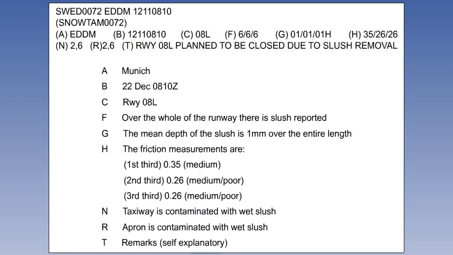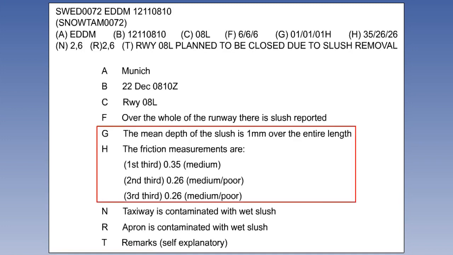When operations are required on snow or slush contaminated runways, a Snowtam is available to the flight crew. The Snowtam contains information concerning the friction measurements on each third of the runway. A sample Snowtam for Munich is on screen. The validity of the Snowtam is 24 hours.